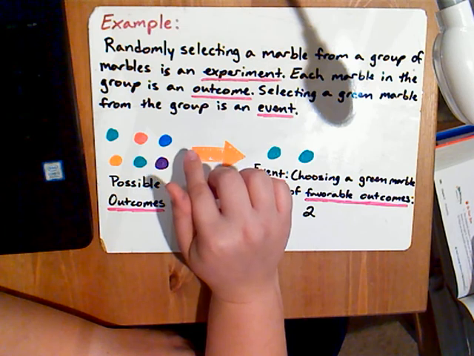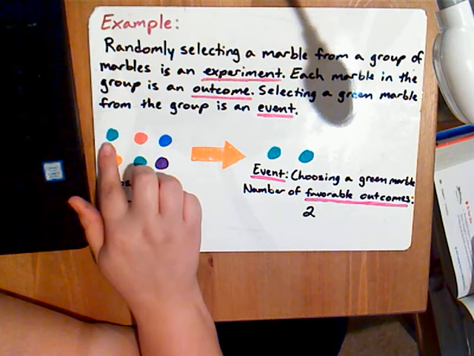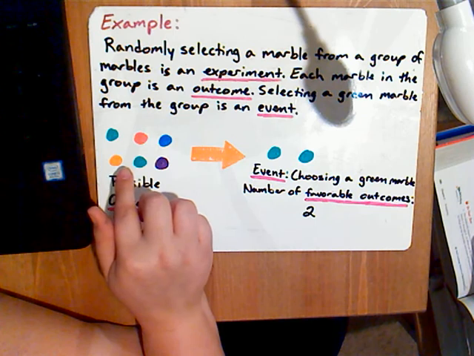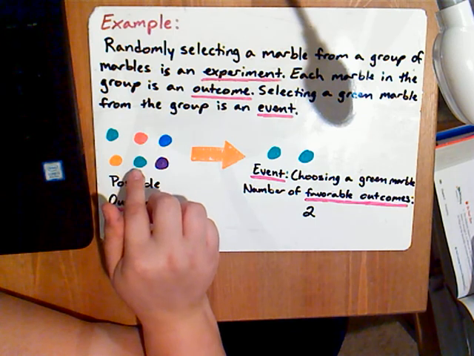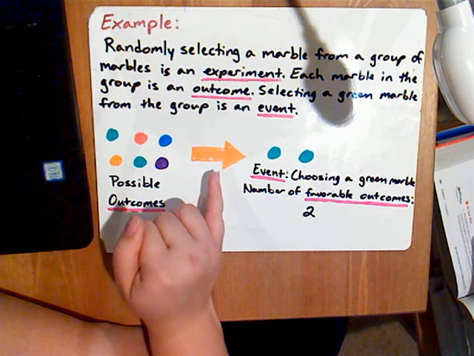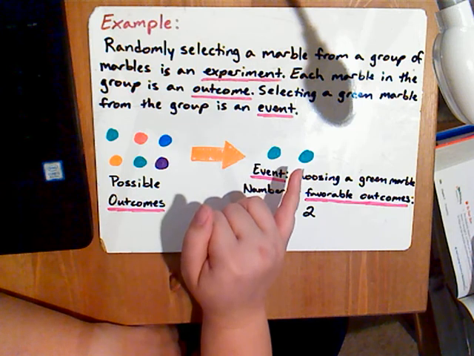All of the different marbles in the group are your outcomes, and selecting a green marble from the group is an event. Our possible outcomes are a green, a red, a blue, an orange, another green, and purple. We're looking at selecting a green marble from the group, and we've got 2 green marbles.